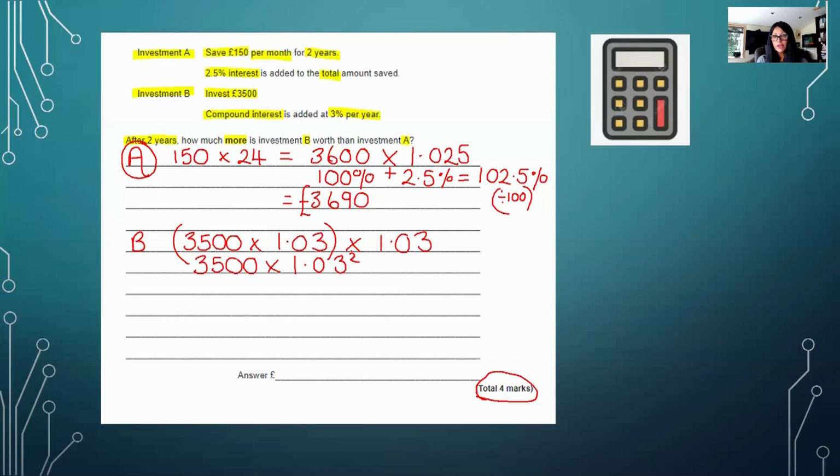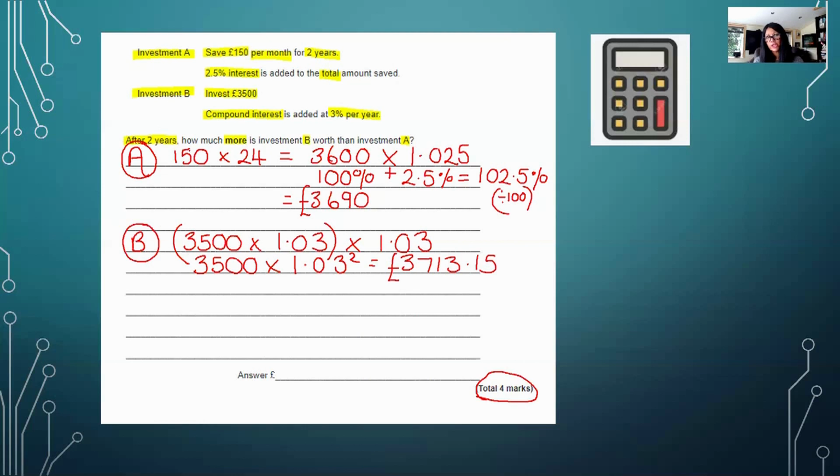And in compound interest, the power relates to how many years. So the power of 2 means it's there for 2 years. And again, we're going to put that onto our calculator. I certainly can't do that in my head, times 1.03 squared, and that gives me an answer of 3713.15.